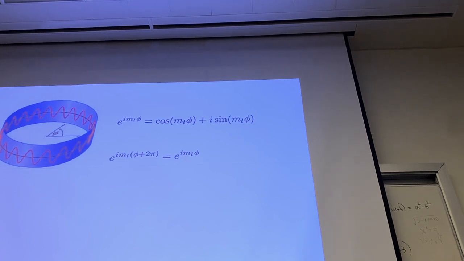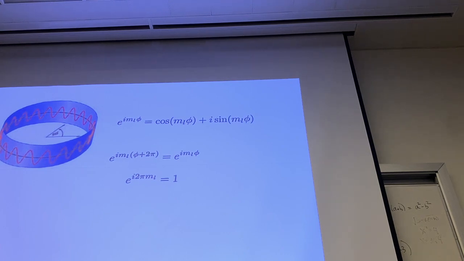So if you look at this equality, what I'm going to do is divide both sides by the right-hand side. On the right-hand side, I'm getting 1. And on the left-hand side, if I divide by that complex exponent, I'm dividing out this phi part, and I'm only getting this term.